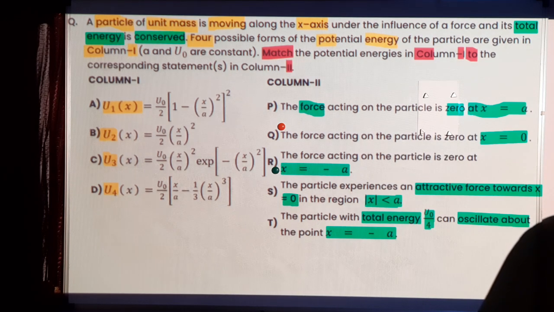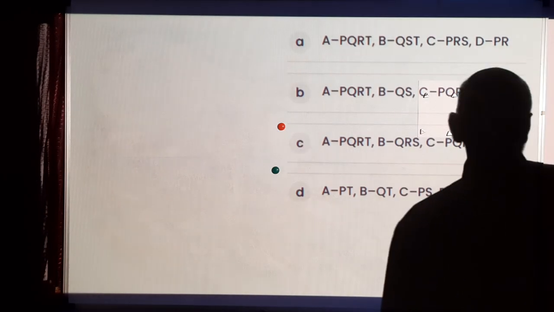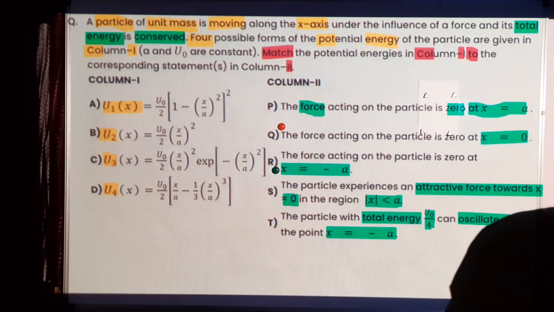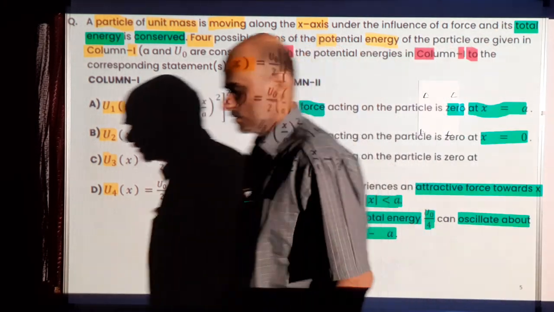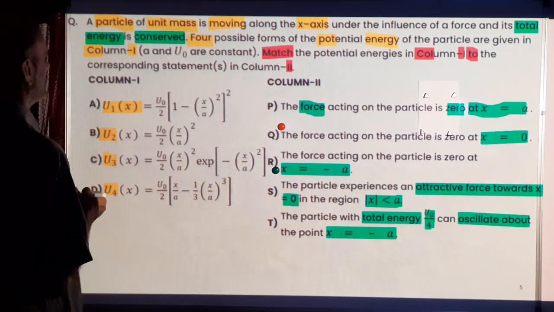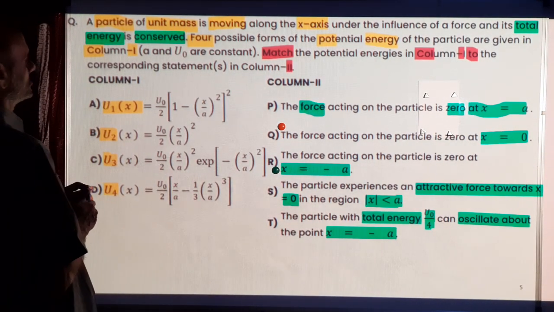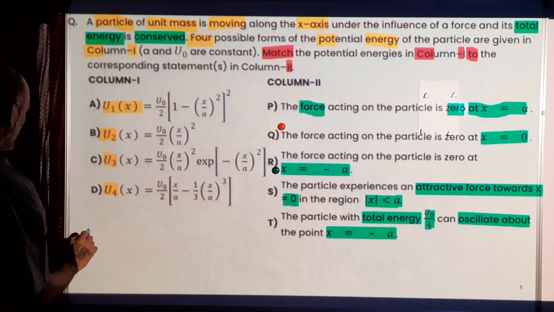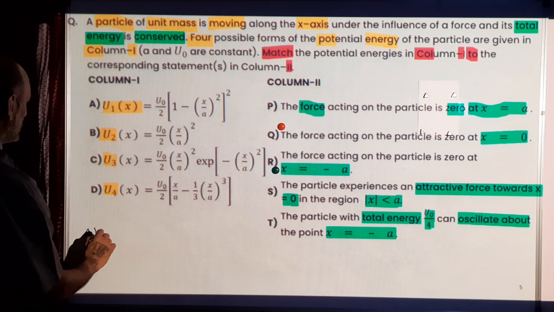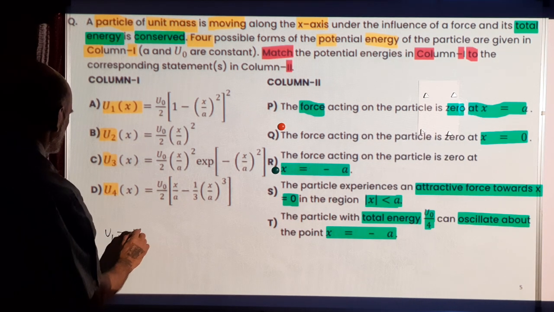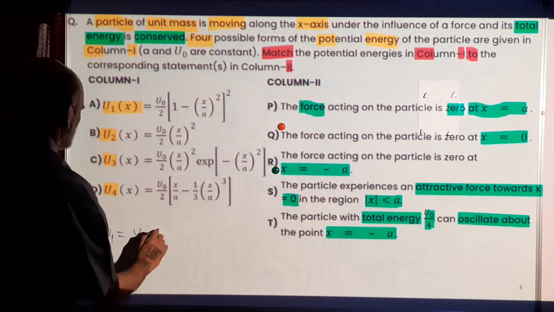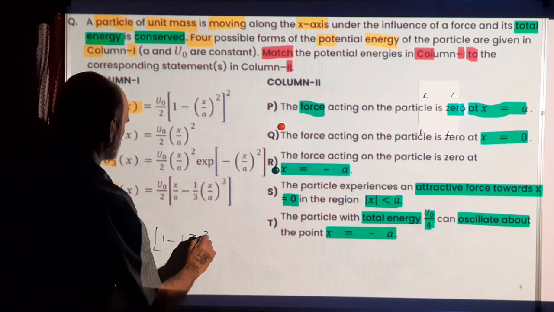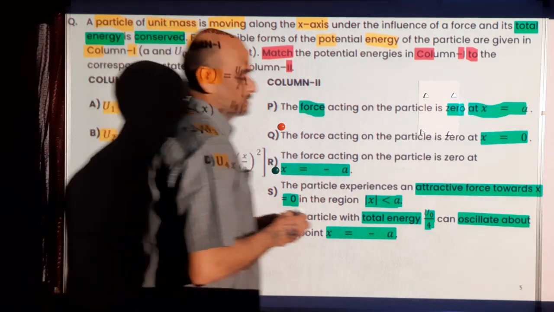So option A, the potential U1 is U0 by 2 times (1 minus x by A squared) whole squared.